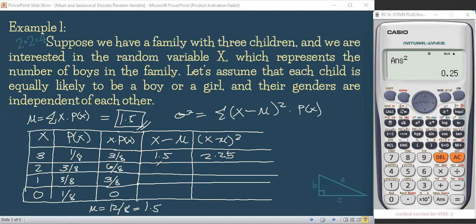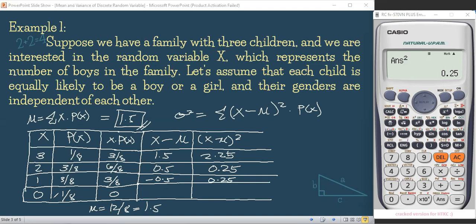So we have here 0.5 and here 0.25. Dito po sa 1, 1 minus 1.5, that is negative 0.5. But pag in-square natin siya, that will give us 0.25.